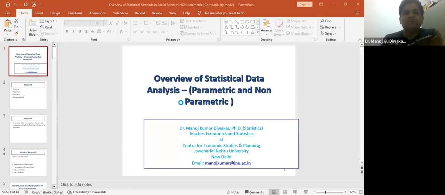But before that, what is your identification of the problem? What is the problem, and what are the objectives you are looking at in your research? We are trying to help you bring out the analysis part. Identification and formulation of the research problem is basically the selection of the research area where you would like to work.